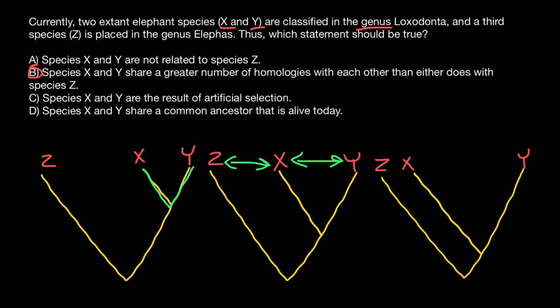Every time we do such an analysis, we start with the most recent common ancestor between species X and Y. It's going to be here, and this is going to be the distance between these two species. And the distance between species X and Z is going to be this distance.